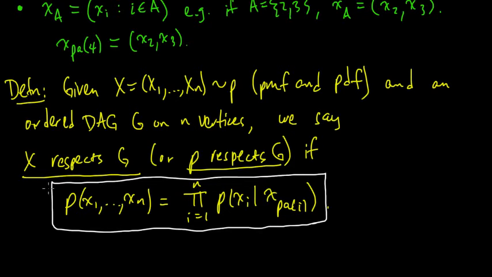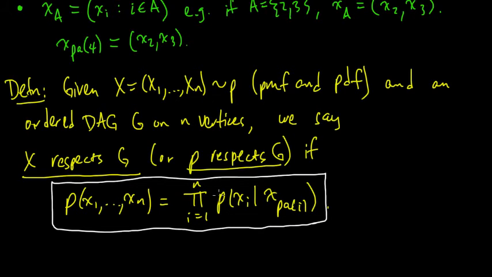This definition formalizes that notion that we were developing before of the relationship between a directed acyclic graph and a probability distribution, because any probability distribution satisfies this for some directed acyclic graph. We'll see later, if that's not clear to you, why that's the case.